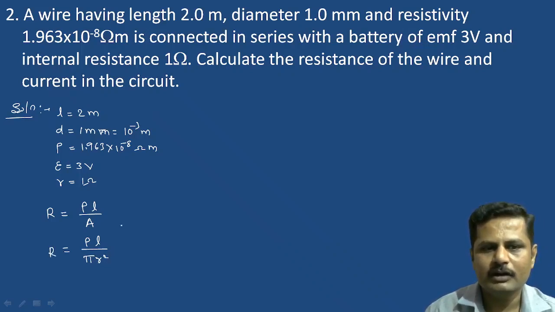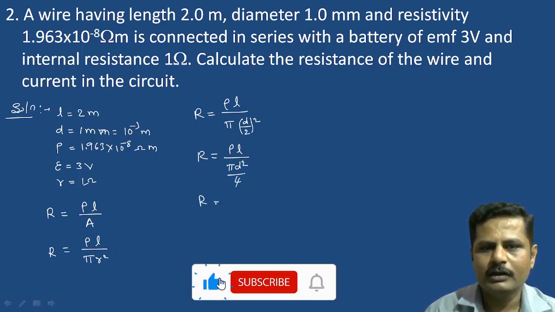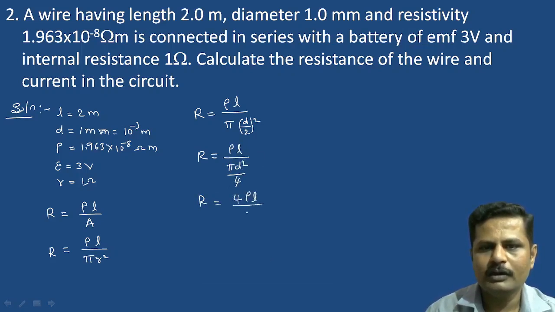R equals rho L divided by pi, r is d by 2, whole square. So R equals rho L divided by pi d square by 4, that is R equals 4 rho L divided by pi d square.